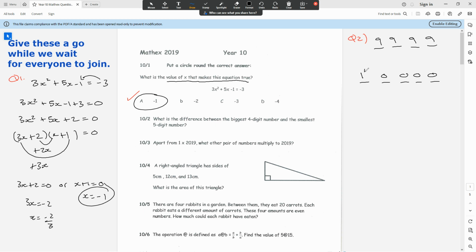Because if I go 1 less, it goes there, right? What does difference mean? Subtract, right? So shall we take 10,000 and subtract 9,999? And so the answer is 1.